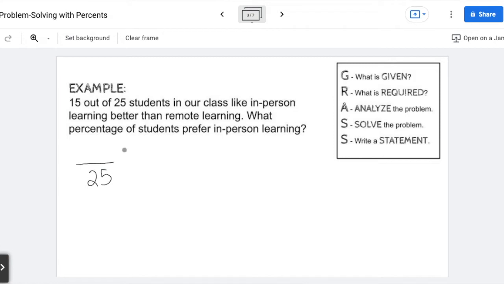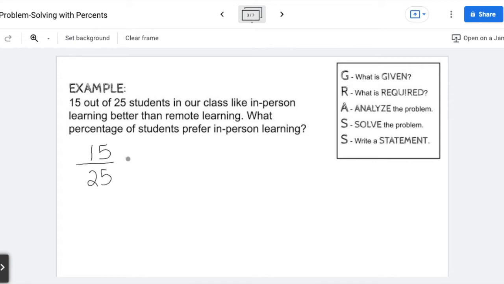And how many students in our class like in-person learning better than remote learning? The problem tells us that's 15 students. So now we have a fraction, but the question says what percentage of students prefer in-person learning? So we need to express this fraction as a percentage.